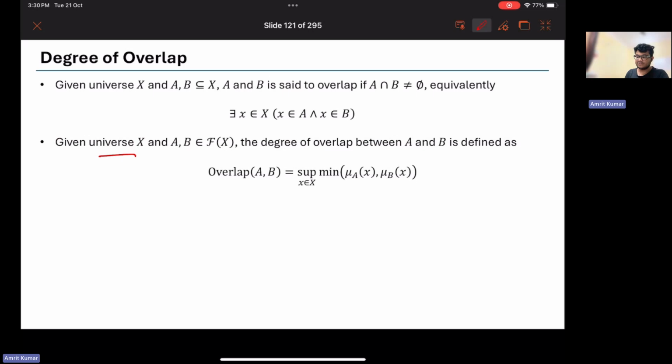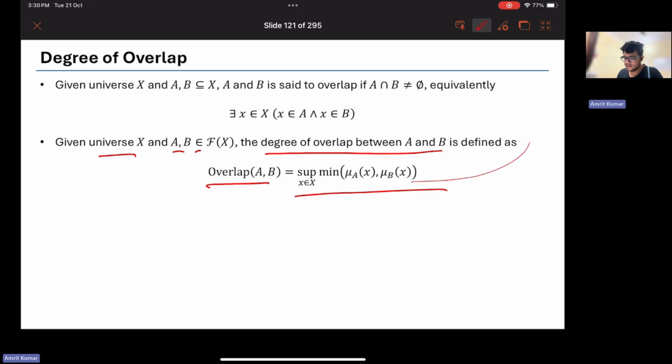Given a universe X and fuzzy sets A and B over X, the degree of overlap between A and B is denoted by overlap(A, B), and it is defined by this formula. It is the supremum of the minimum of mu_A(x), mu_B(x), where x varies over your entire universe. And this is the fuzzification of the classical formula. So x belongs to A becomes mu_A(x), x belongs to B becomes mu_B(x).